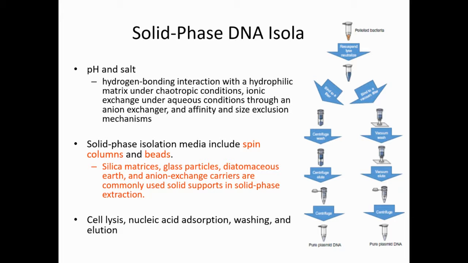And then the resulting diatomaceous earth-bound DNA can be washed with an alcohol-containing buffer. Then the alcohol-containing buffer is discarded, and the DNA is eluted out in low-salt buffer or distilled water.